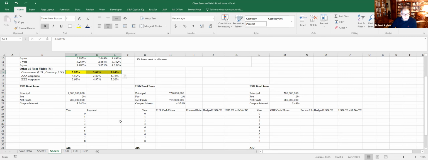So first, we will do the euro. This is actually a euro bond issue, right? Euro bond issue, and this is the pound bond issue.